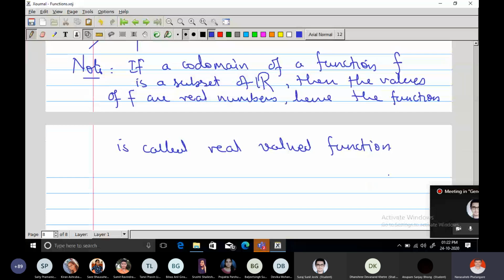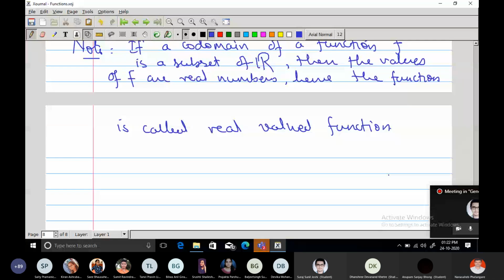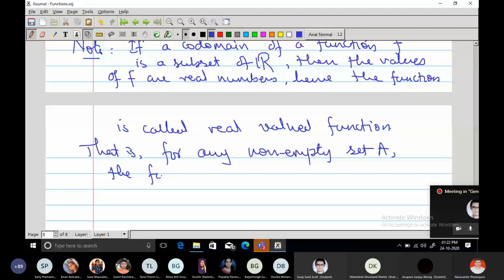That is, for any non-empty set A, the function f from A to R is called a real valued function.